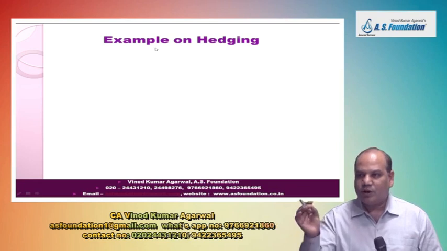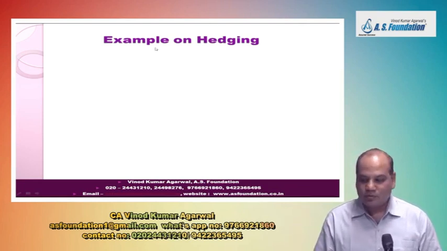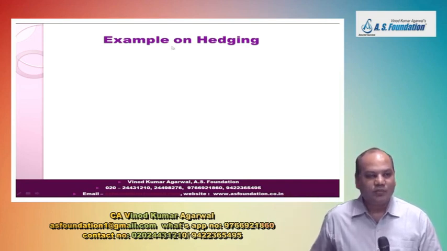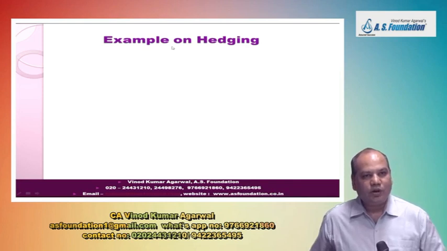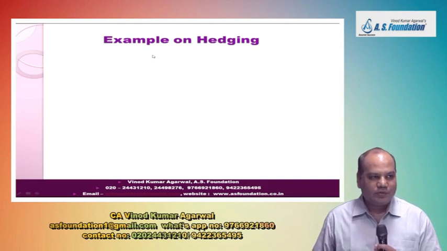Now, some technical words you have understood so far. Hedging you have understood. Hedged item: what is a hedged item? The one whose value we are trying to protect, which can be an asset or a liability. And hedging instrument means a derivative or a contract used for hedging purpose.